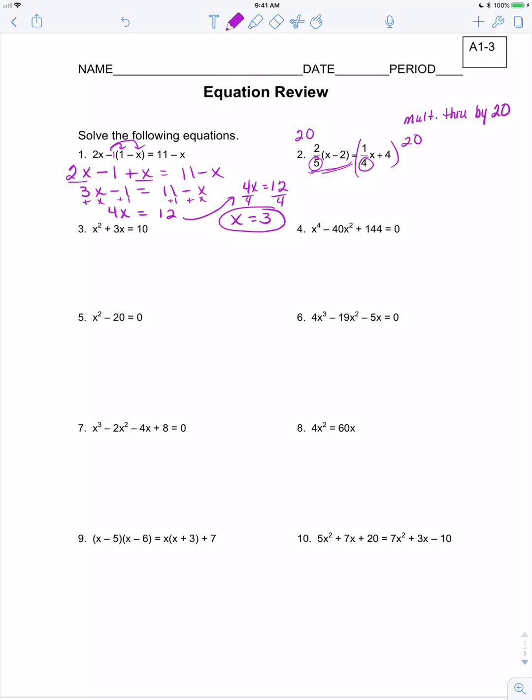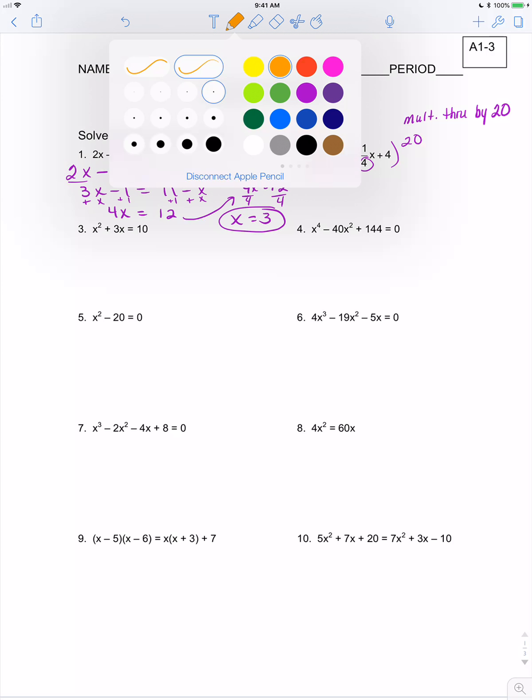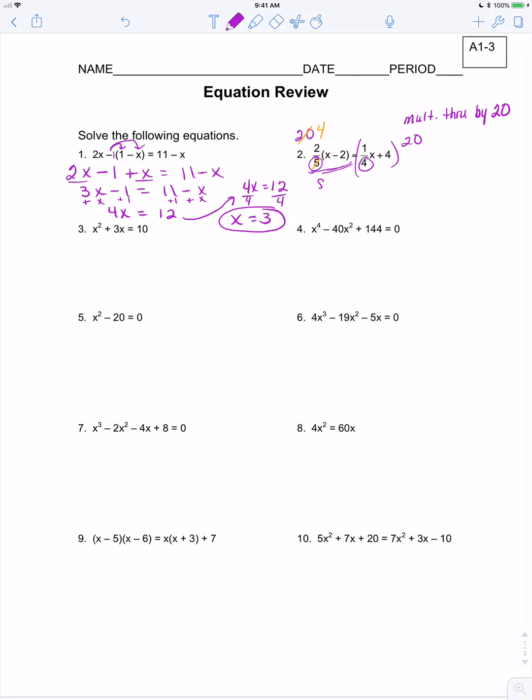And so remember that 2/5 times x minus 2, those are just two terms multiplied together. So the 20 and the 5 will actually reduce to a 4. So 4 times 2 is 8. And so that leaves me with 8 times that x minus 2.